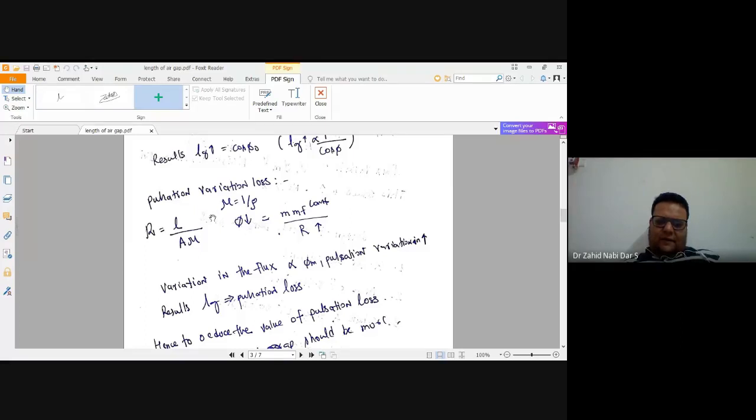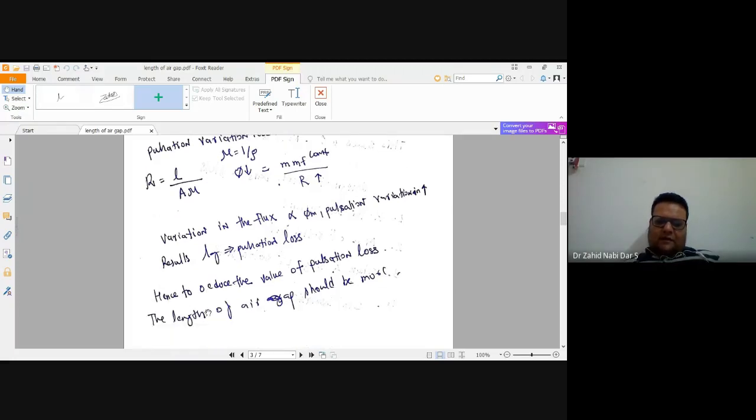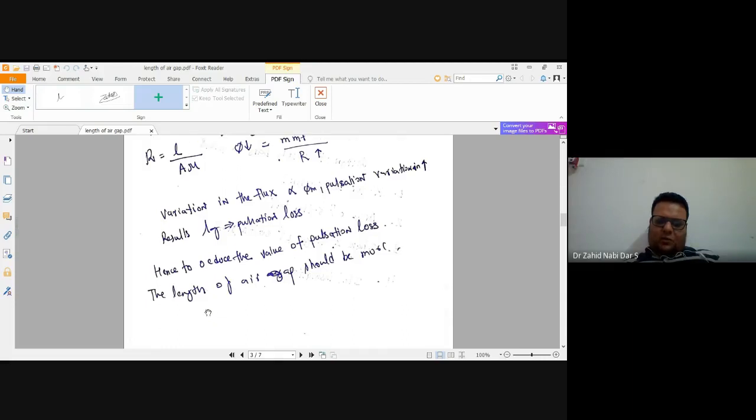The less the flux, the fewer the pulsation losses. So you can directly say that if you increase the length of the air gap, your pulsation losses decrease. Hence, to reduce pulsation loss, the length of the air gap should be more.